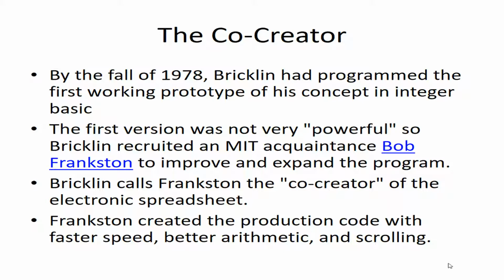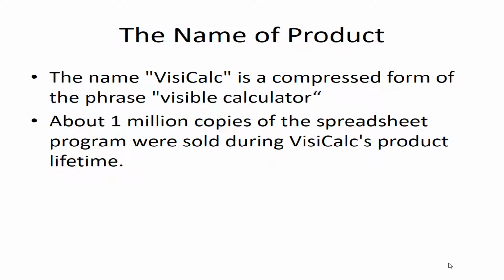Both of them co-created the electronic spreadsheet. Frankston created the production code with faster speed, better arithmetic, and scrolling. They called it VisiCalc, a compressed form of the phrase visible calculator. About 1 million copies of the program were sold during VisiCalc's product lifetime.